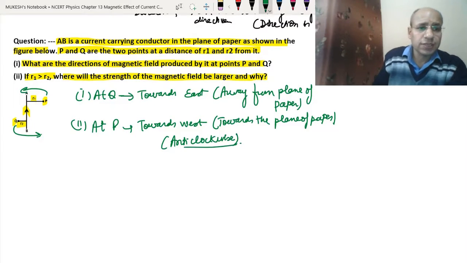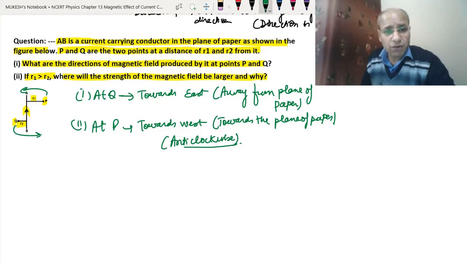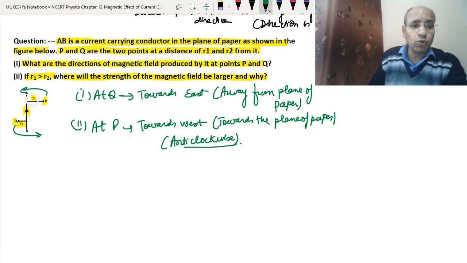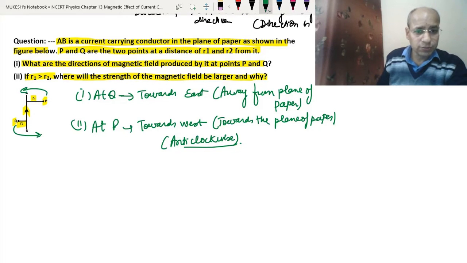Now the second point is, if R1 is more than R2, that means this distance is more and this distance is less. Just now we have done, as we go away from the wire, the deflection decreases. That means the magnetic field is getting reduced. So the magnetic field at Q will be more and the magnetic field at P will be less. This is the part of the first question itself.